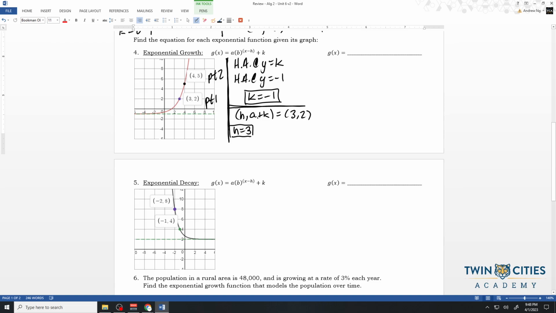And it tells me that a plus k is 2. Well, I found k earlier. k is -1. So a plus -1 equals 2. And if I were to add 1 to both sides, I would find that a is 3.